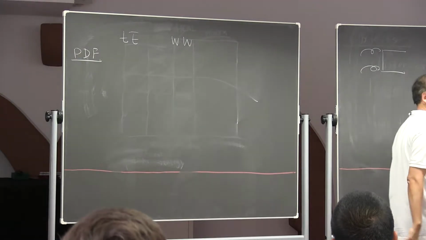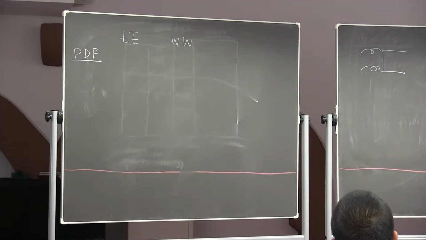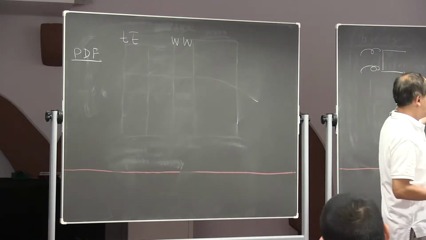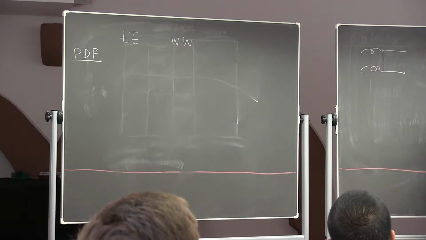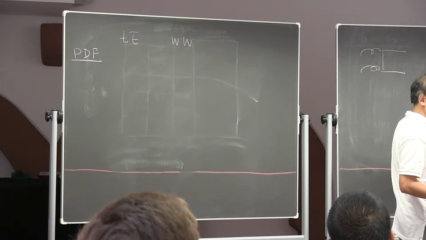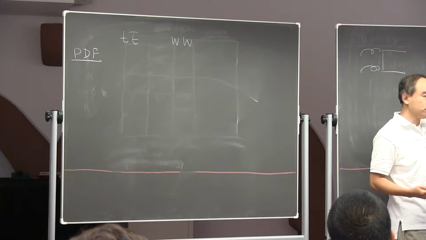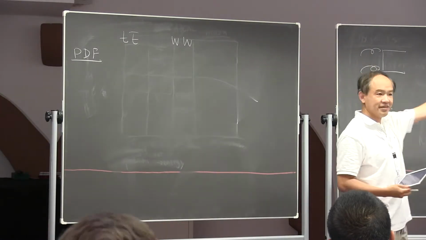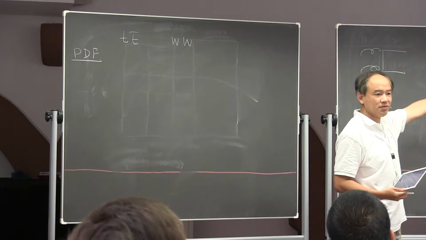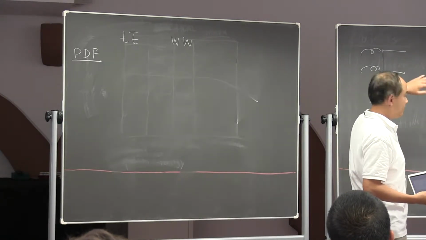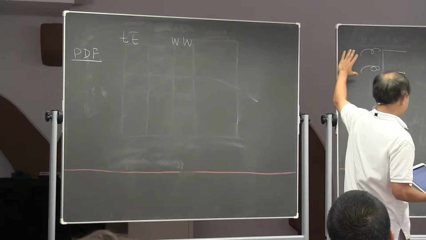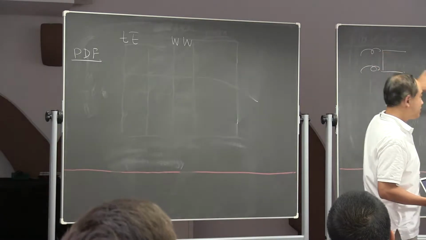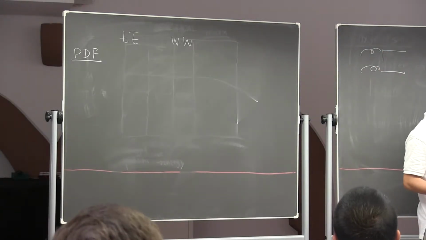You have things like this, but you also have this, and this is much bigger than that. Why? First of all, the number of couplings is the same. The order in terms of QCD coupling is the same. It's also two-body, but this one has more color than the other one, just because gluon has more color than quark. And that's not the biggest factor. The biggest factor is that the glue PDF, glue has more support than QQ bar at the TT bar energy.